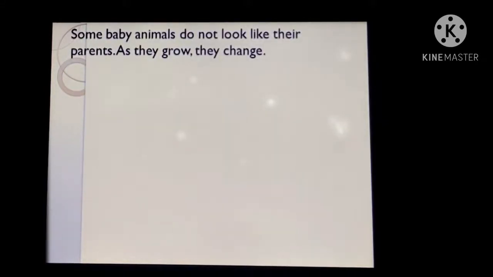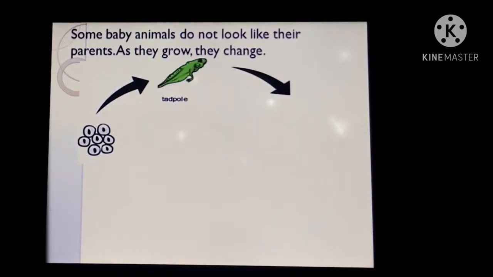However, some baby animals do not look like their parents. As they grow, they change. Look at these pictures and tell how they change as they grow. So we have here the eggs, and then it becomes a tadpole.